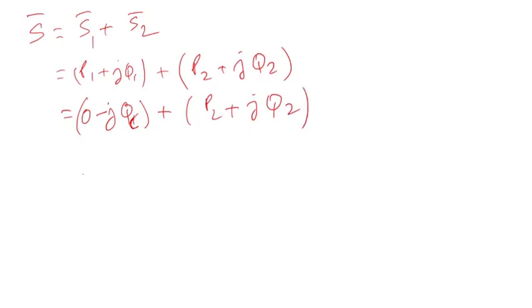Now P total is basically just P2, which is 800 kilowatts.